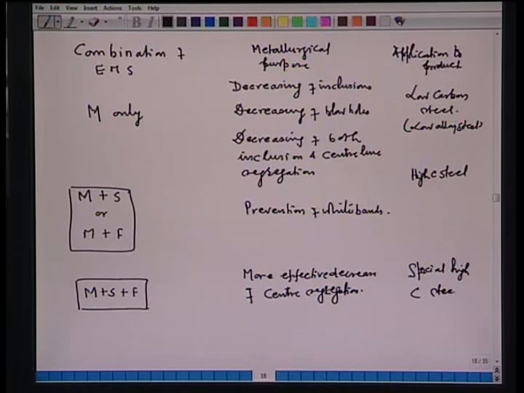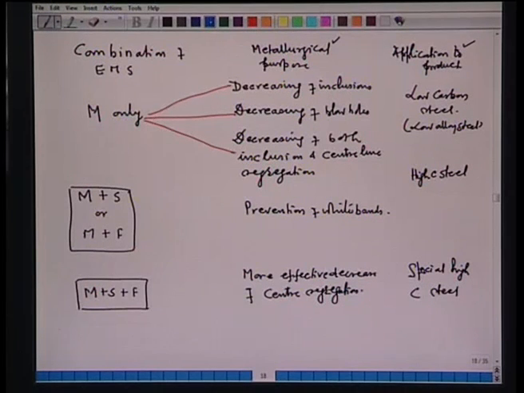What I have listed here are the locations of the stirrer, the metallurgical purposes for which electromagnetic stirring is done, and the applications. Now, say for M only, you can get decreasing of inclusions, decreasing of blowholes, and decreasing of both center line segregation and inclusions.